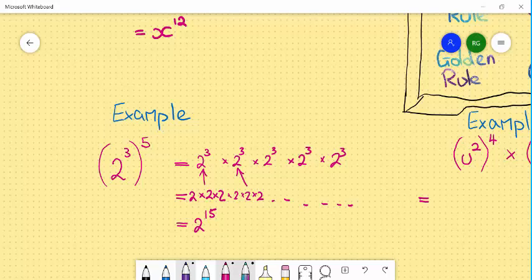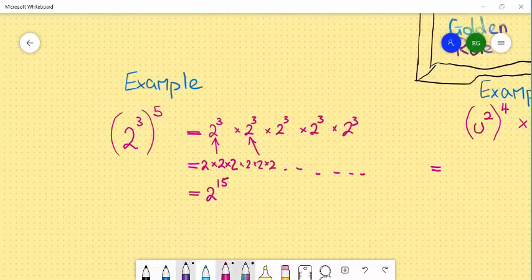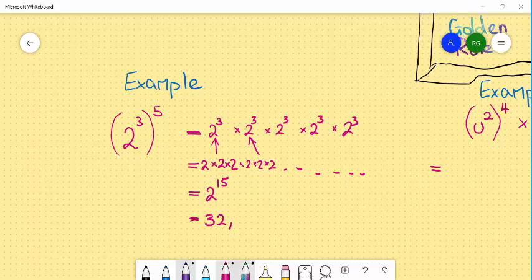Now that's going to be a really large number because 2 times 2 is 4, times 2 again is 8, 16, 32, and so on until we get 32,768. That is what this number equates to.